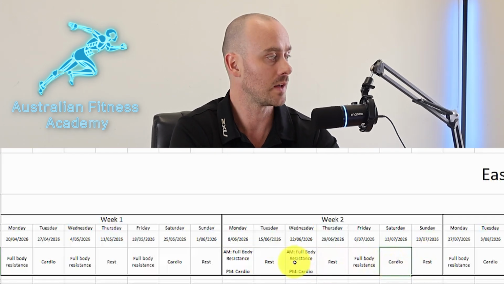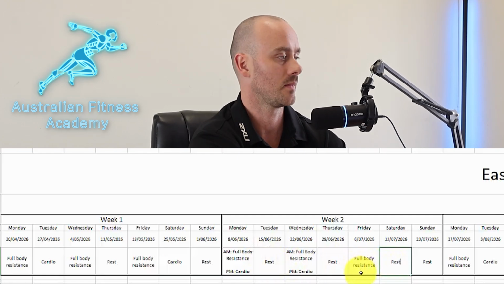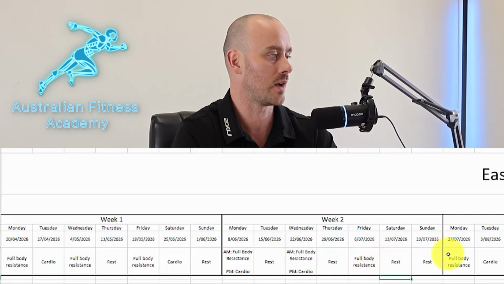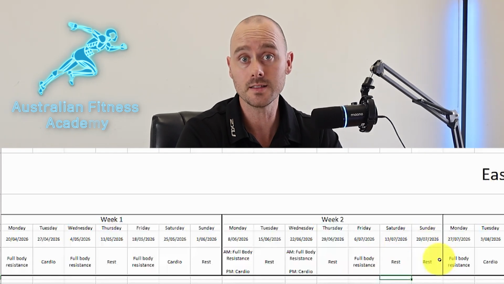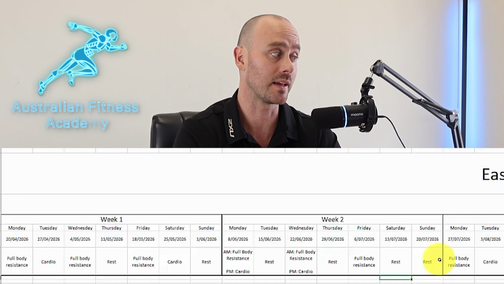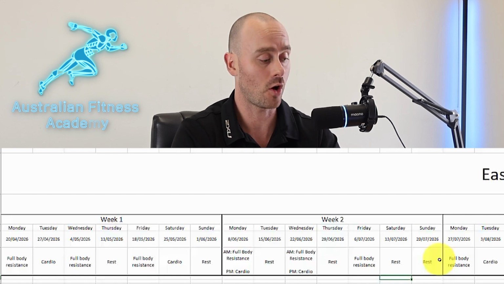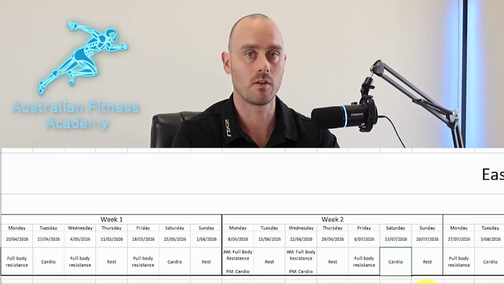Given we've got cardio on Monday and Wednesday, this could be a rest day too, which means you've got 3 full days of rest. Again, you could move this around. If you've got more time on weekends, maybe your training days are on the weekends and your rest days are during the week. So lots of different options to play around with based on a client's availability.